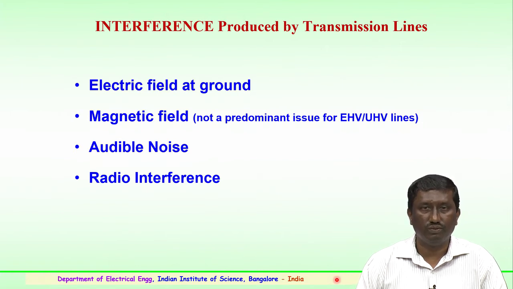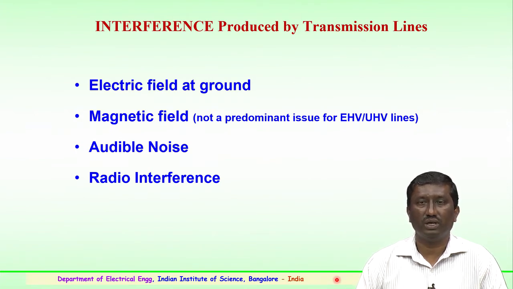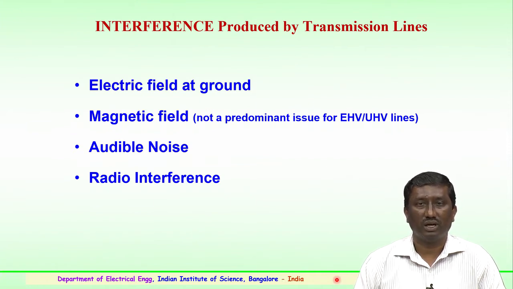Four important parameters have to be verified during the energizing conditions: the electric field at the ground level, and the magnetic field, which may not be a predominant issue in case of extra high voltage and ultra high voltage transmission lines, where the conductors operate at a very high voltage and the current will be lesser. So, the effect of magnetic field may not be much of an issue.